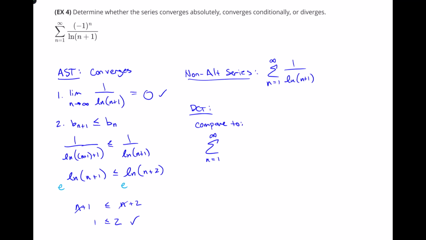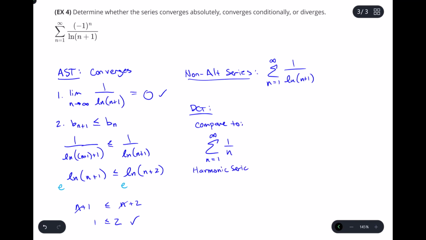My inclination here is that this is probably diverging because the natural log grows slower than a linear function, and 1 over n does not go to 0 fast enough to converge. So I bet that this thing actually diverges. So let's just start comparing to the harmonic series, because we know that diverges.